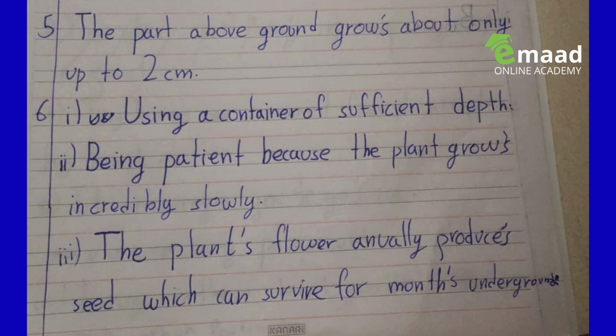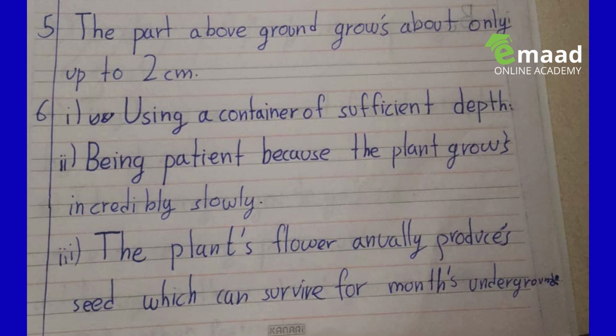There is use of S at various places, like the part above: the plant grows about only up to 2 centimeters. So in grows, here is an apostrophe. Is it correct or not? If it's correct, then describe its reason. If it's not, even then you have to give the reason. Being patient, because the plant grows incredibly slowly.